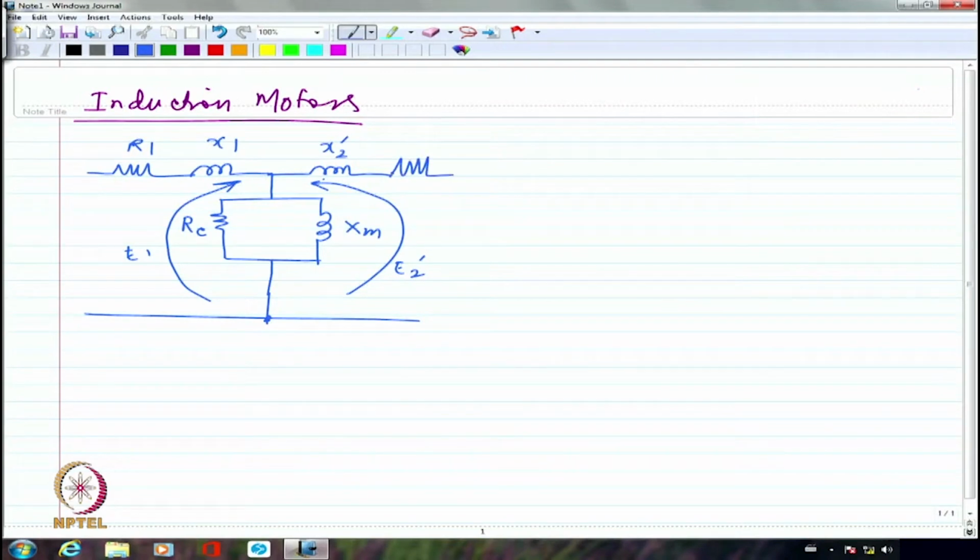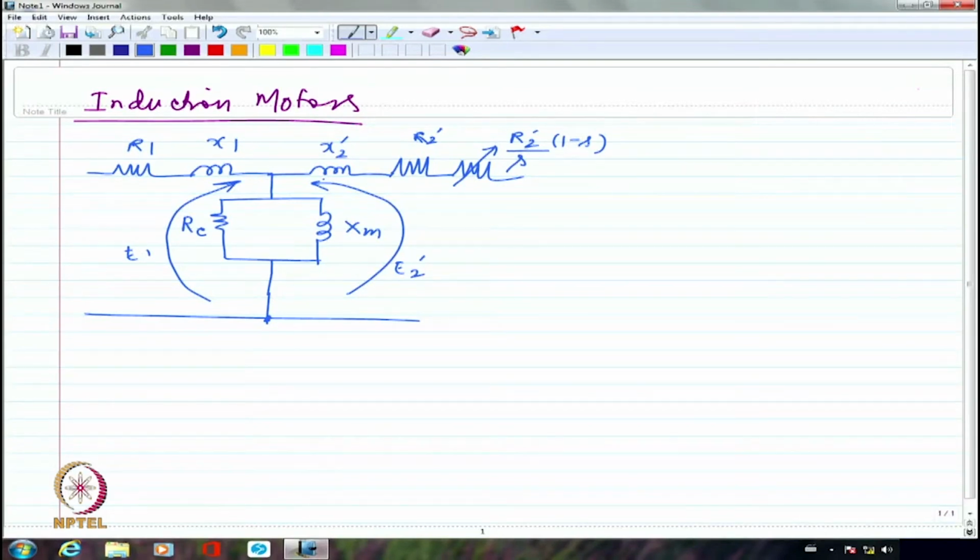One we wrote as R2 dash, which is the inherent resistance of the rotor transformed into the stator side. And we wrote one more portion of the resistance which represents the mechanical power, which we showed as a variable resistance, R2 dash by s multiplied by (1 minus s), right? That represented the mechanical power.